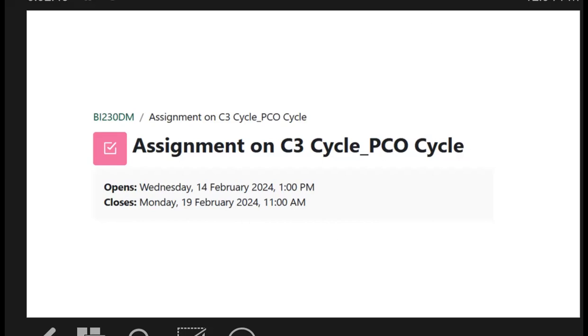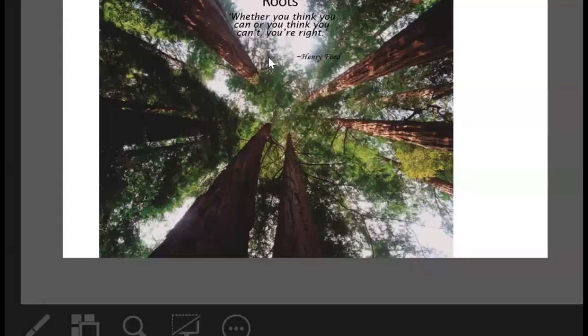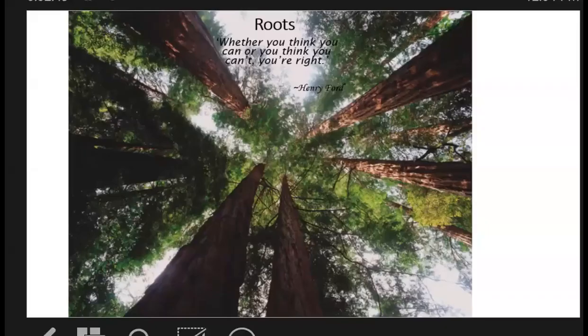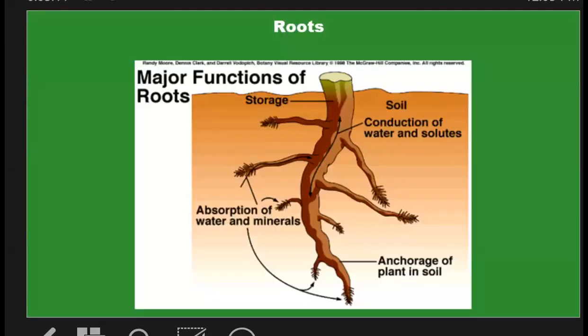In lab now, you're going to start getting into the different parts of the body of the plant. I like this photograph, somebody laying down on the forest floor and looking straight up. I often think that's what the roots have to imagine, what's above them. Roots are incredibly important. They're a challenge to study because most roots are buried in soil, but it's a fascinating area of the plant body, and it has so much interaction with its environment, in particular the soil microbes.